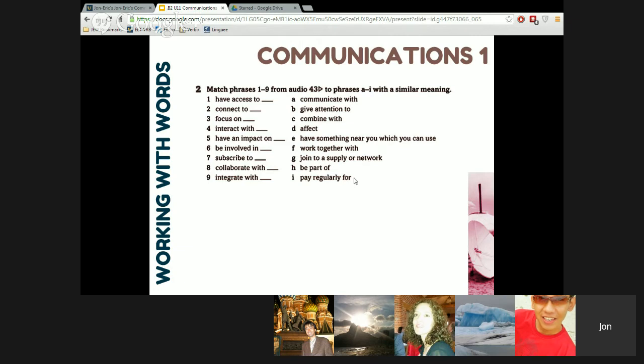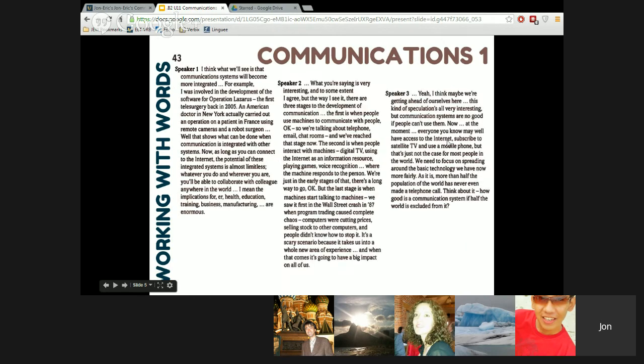So have access to means the same as communicate with, give attention to, combine with. What's the synonymous expression? The one that means join to supply or network. But is that what it means here in 3? Everyone you know may well join to the supply and network of the internet. And it doesn't quite fit. You see what I'm saying?